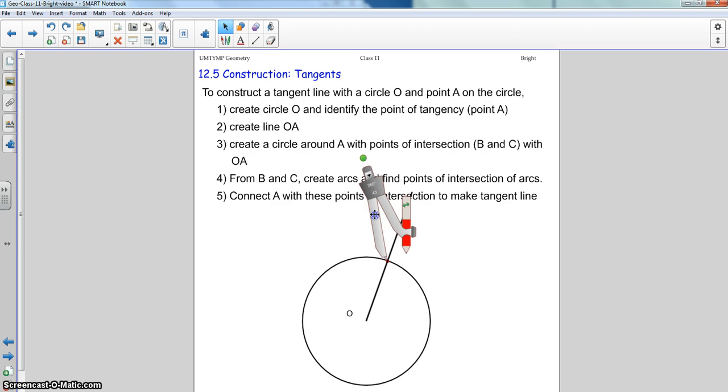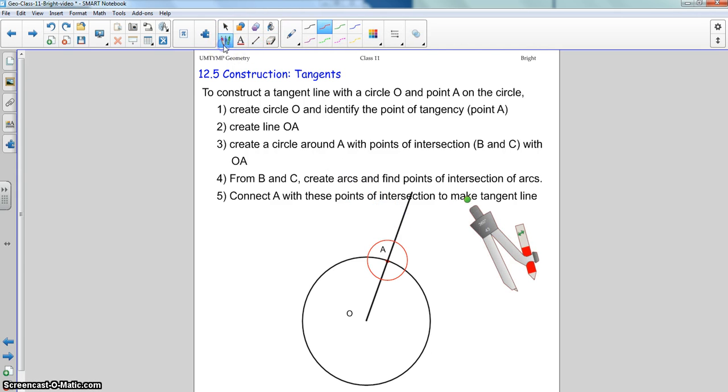So centered at A, circle. Okay, great. And then I identify the points B and C. So this is going to be point B, and this is going to be point C.